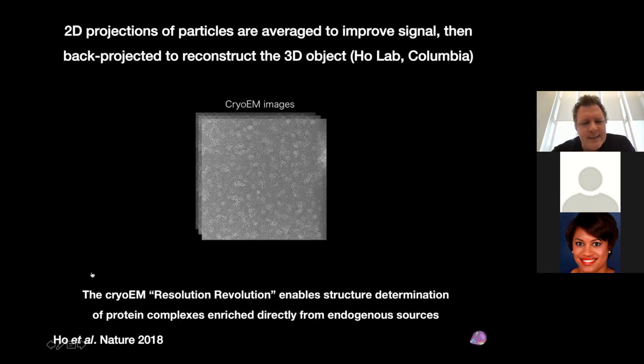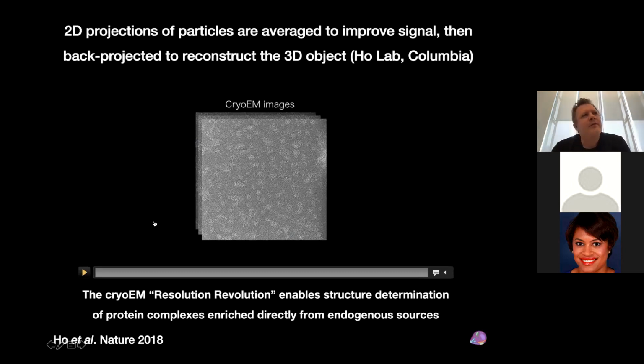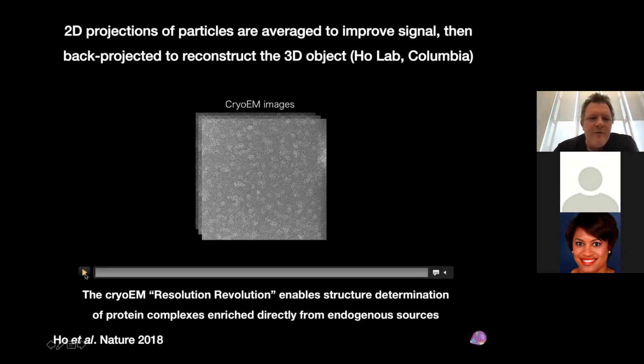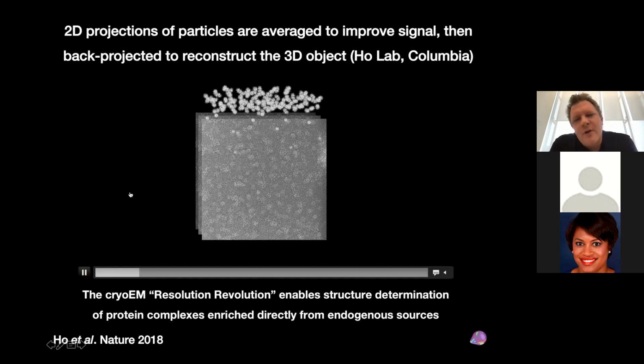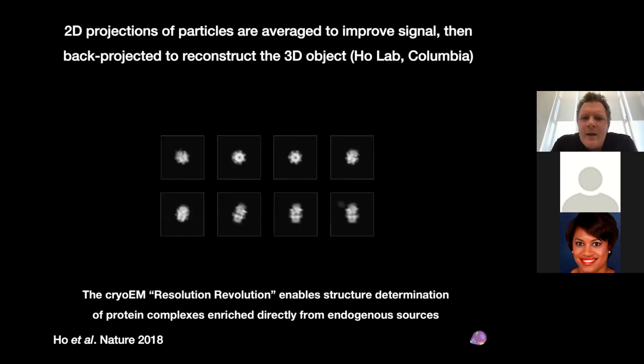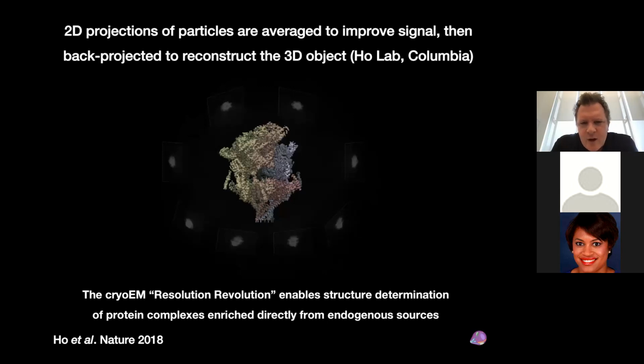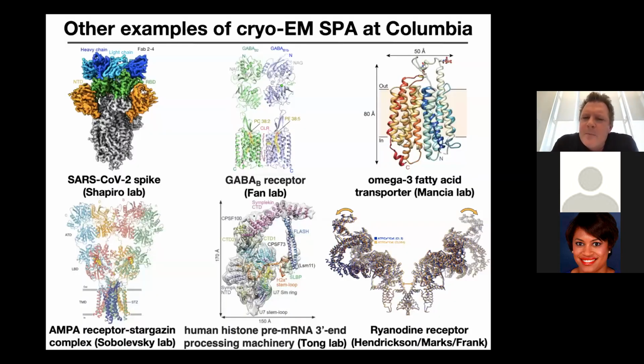They engineered a tag, I think it was a flag tag, in order to be able to pull out this very unwieldy complex from the parasites, because this particular protein complex never really was expressible using recombinant methods. And so they engineered a CRISPR tag to be able to pull that out. And for a lot of the other examples I showed in the following slide, that is typically the way that you would try to use a tag to purify out the protein complexes.